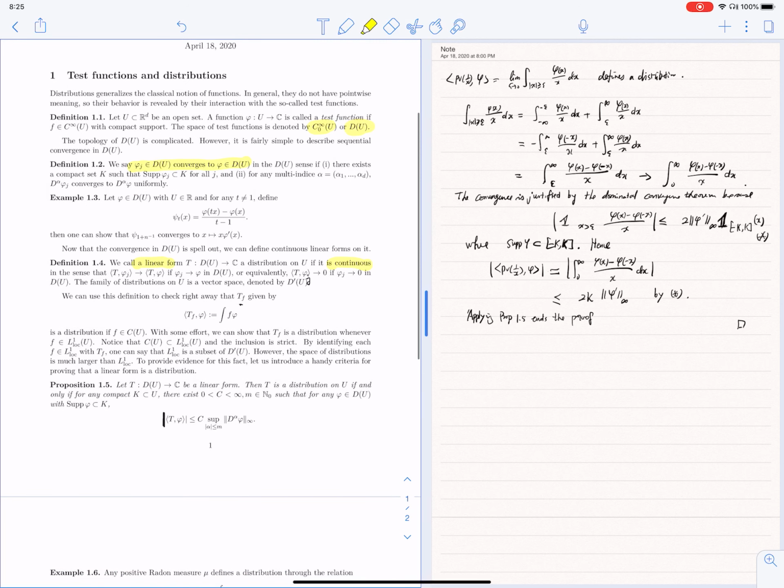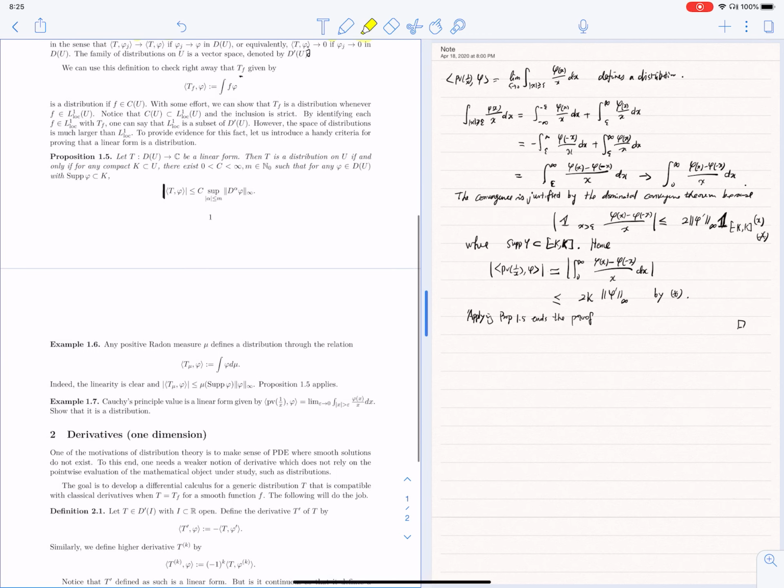And many examples: we know that functions in L1 loc give rise to distributions. But more than that, we also know that the linear form defined by using a positive Radon measure gives rise to a distribution, and Cauchy's principal value is a typical example of a distribution which is not associated with an L1 loc function. So this is the review part.